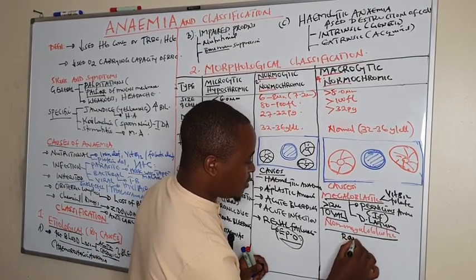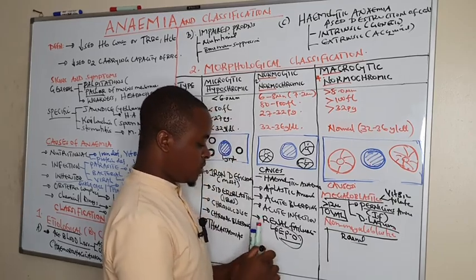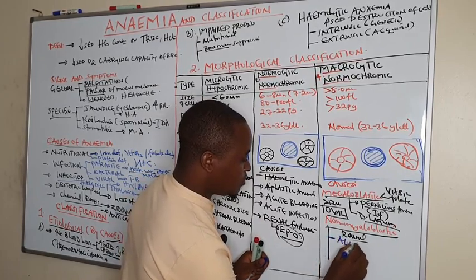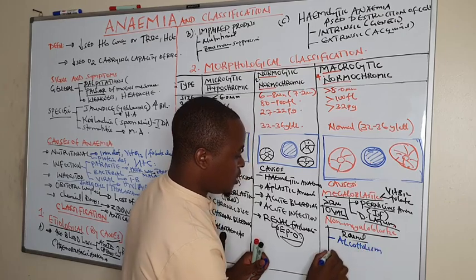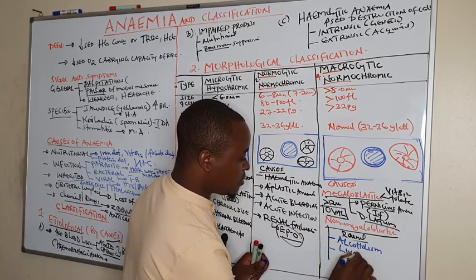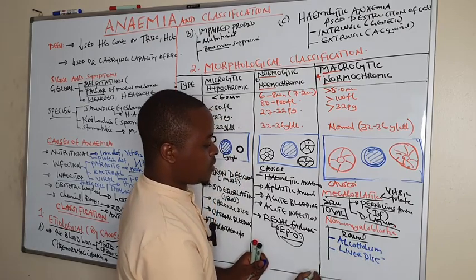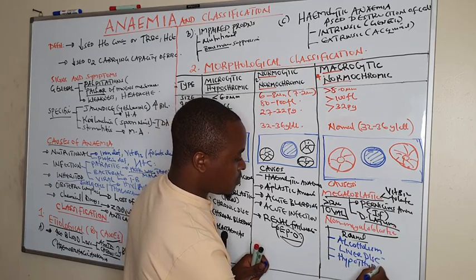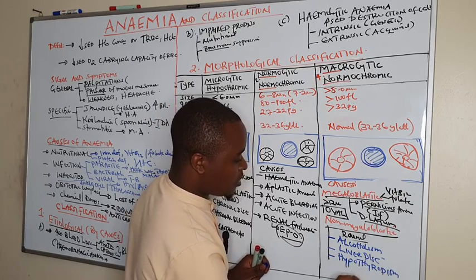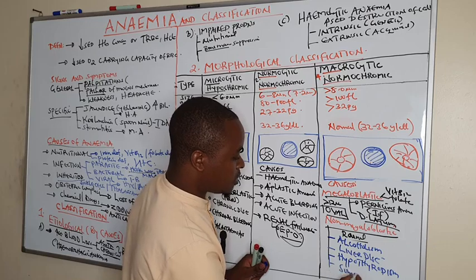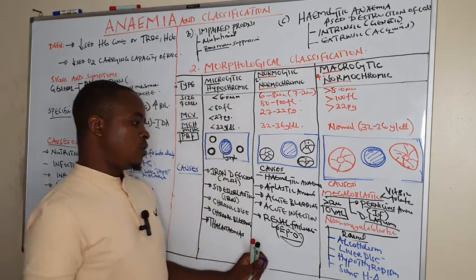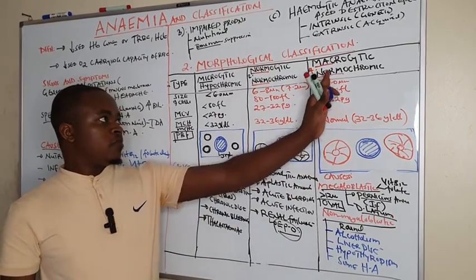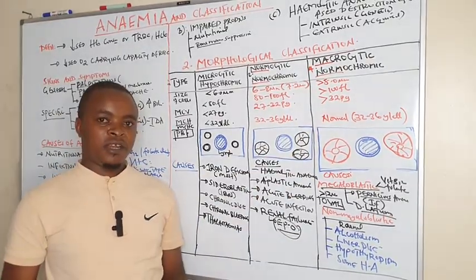The non-megaloblastic causes of this can be due to chronic alcoholism, it can be due to liver disease, it can be due to hypothyroidism, and sometimes some hemolytic anemias can also be non-megaloblastic causes of macrocytic normochromic type of anemia.